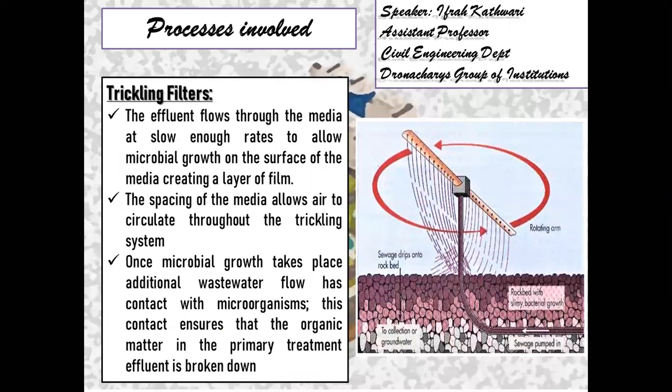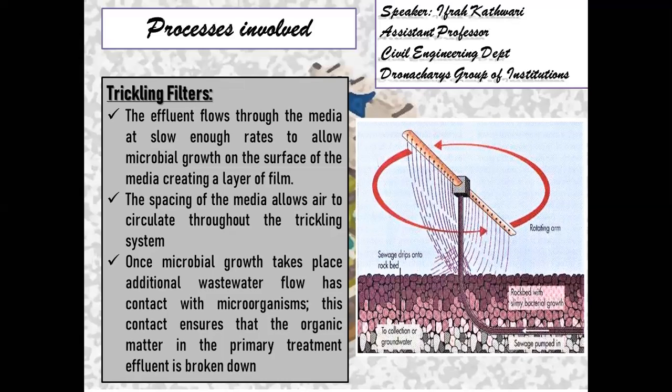Then the next thing we have is the trickling filters. In place of aeration tanks, we might have trickling filters with which we can go for the secondary treatment of the wastewater. The effluent that comes from the primary clarifier reaches the trickling filters, where the effluent flows into the media, and the rate of flow is slow.